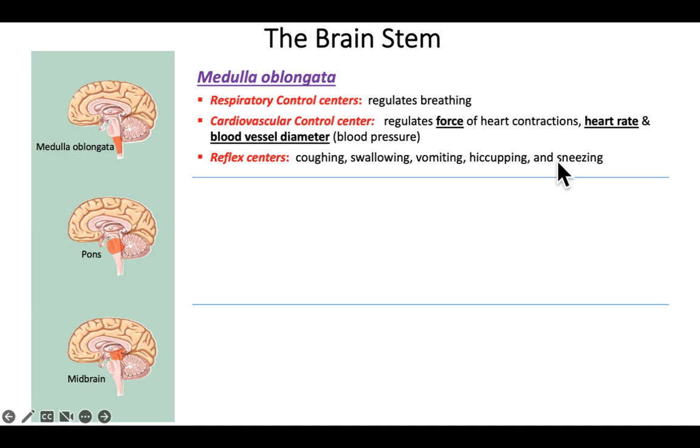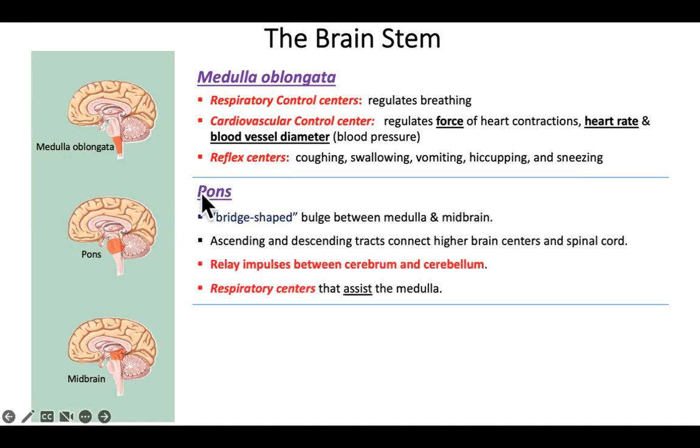All right, so moving up from the medulla, there's an area called the pons. Pons means bridge-shaped. It's a larger, almost swollen-looking area of the brainstem, and it basically attaches everything below it to things above it.